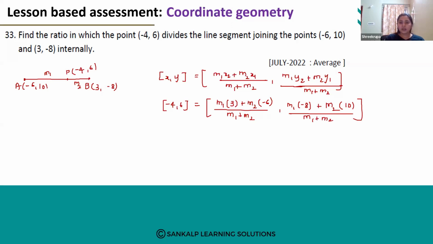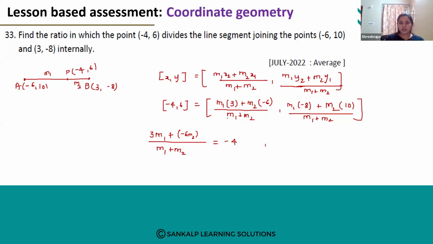We can equate this to these coordinates, correct? So by equating (3m1 + (-6m2)) divided by (m1 + m2) to -4, we can calculate the ratio of m1 and m2.